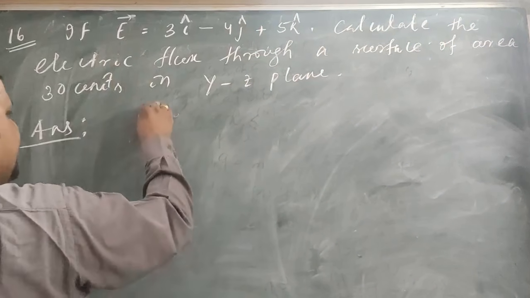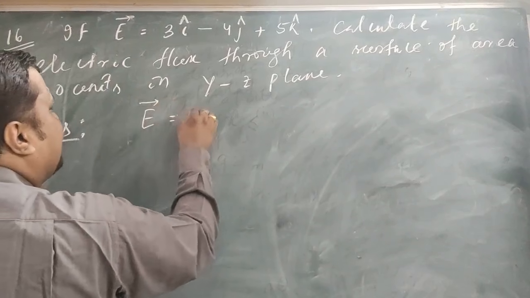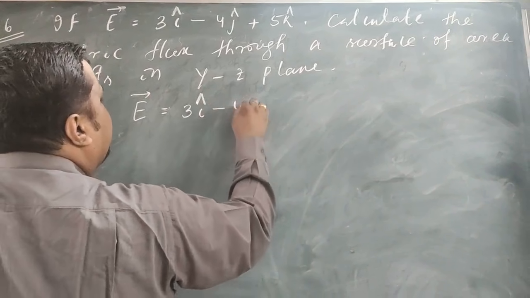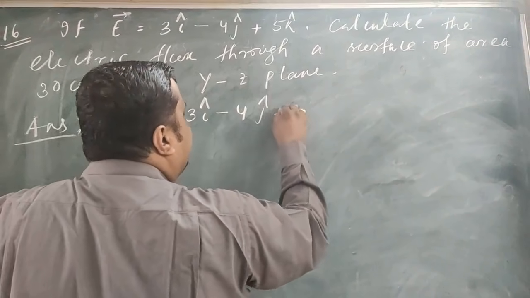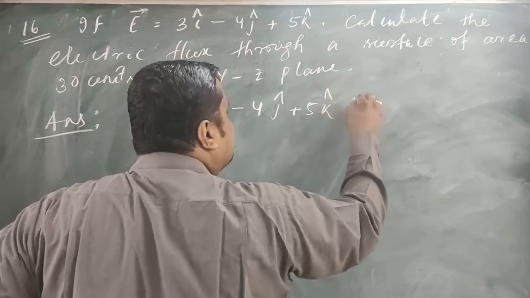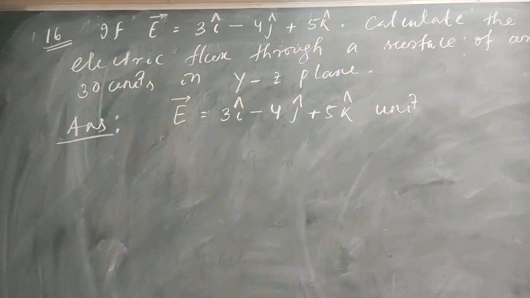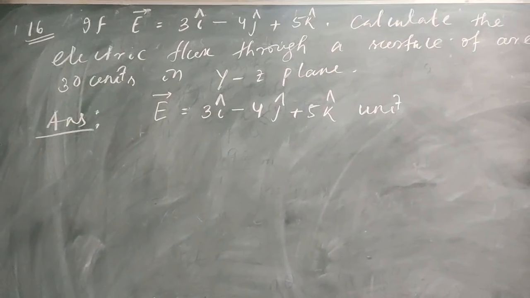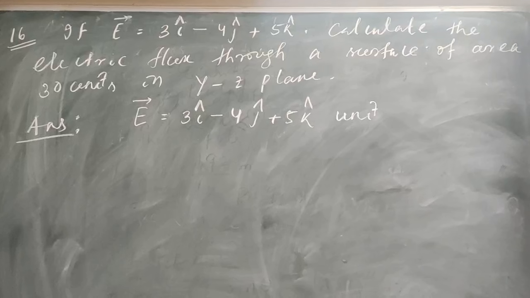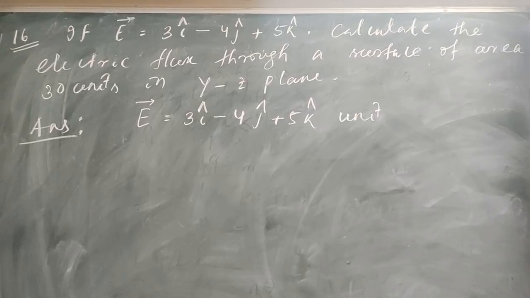Let me write the electric field E is equal to 3 i cap minus 4 j cap plus 5 k cap, in some SI unit. That is the vector.